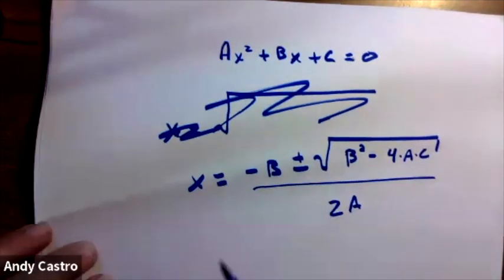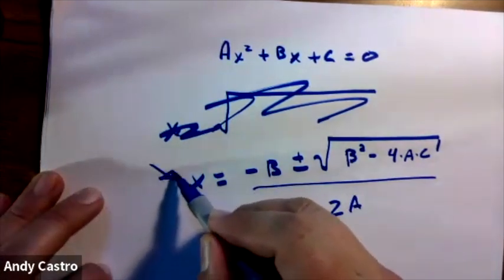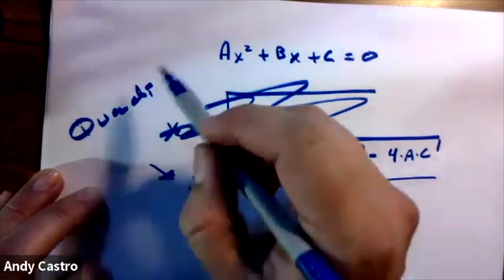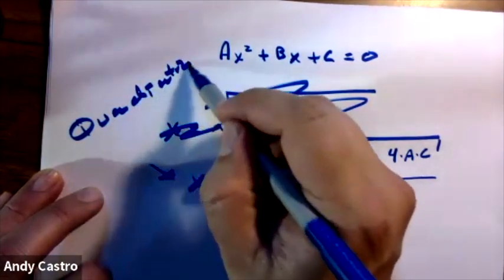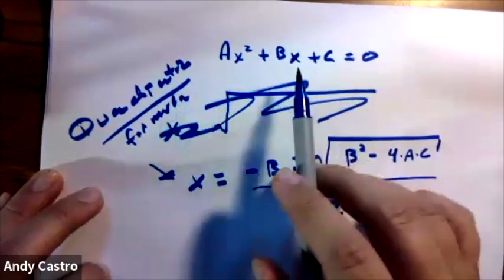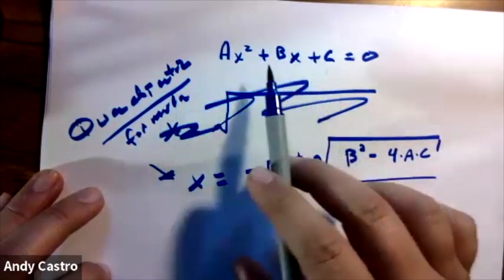So that is what we call the quadratic formula, and it works on every quadratic. Even if you don't have a B term or a C term, those just go to 0.